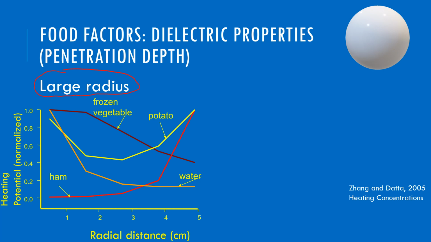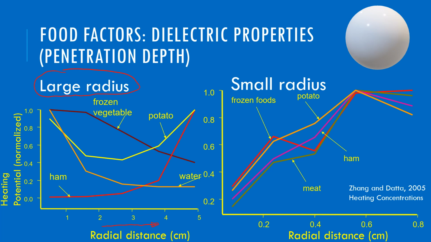That's what the heating potential is, but again that is also normalized by the maximum value, and that is plotted with radial distance here. So this is for the large radius, and then we have the same for small radius.